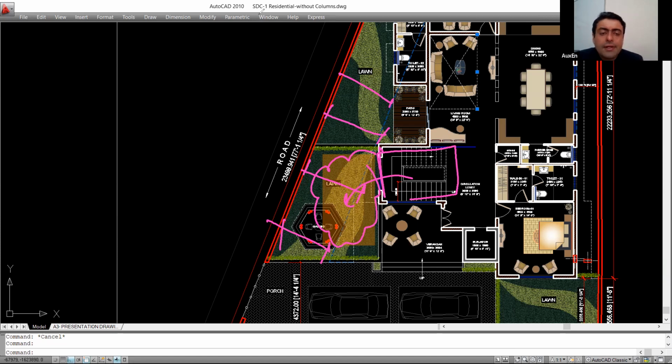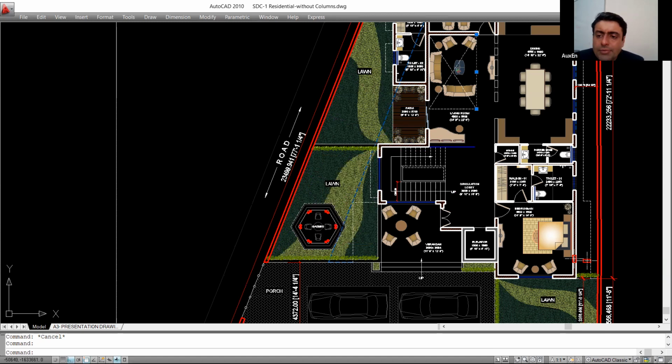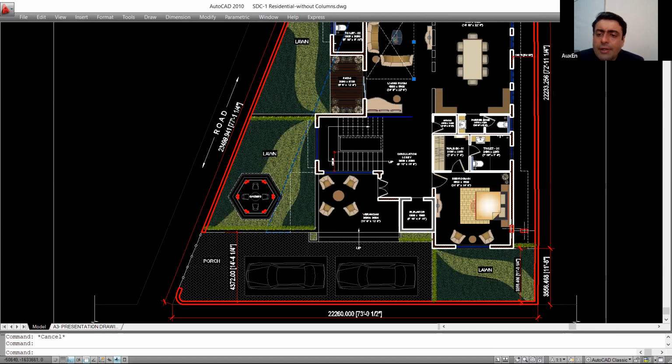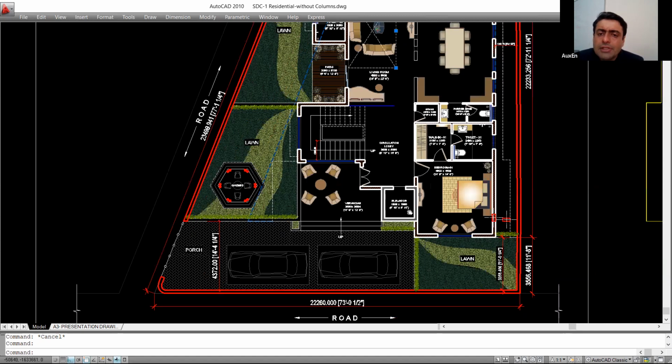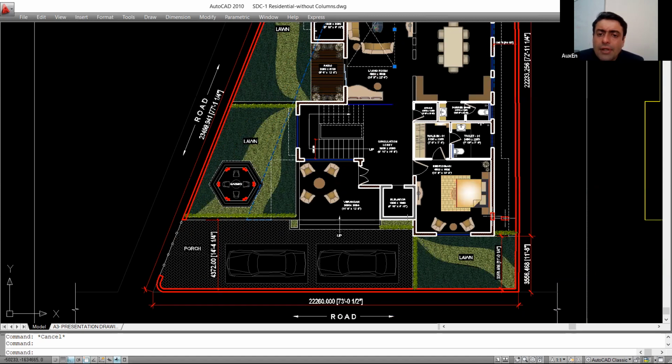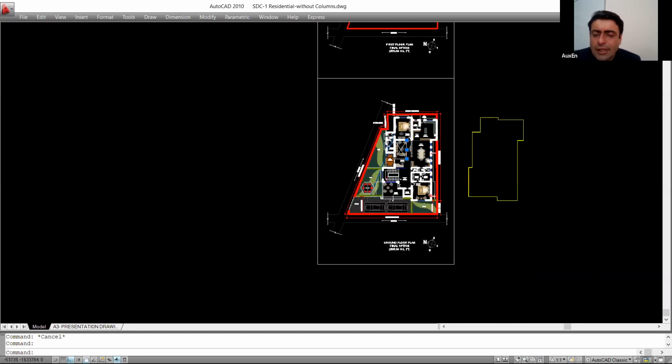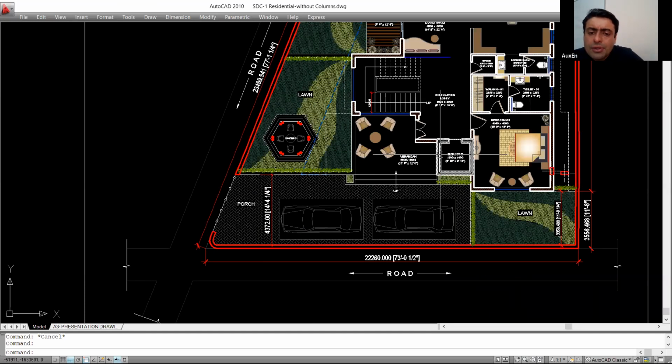Good. Yeah, one more thing that we should have observed was that we have an elevator over here. Okay. So in spite of this being a G+1, we have an elevator. They have provided an elevator also. Okay.